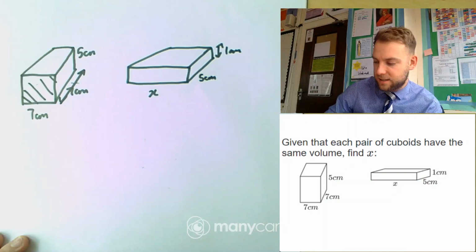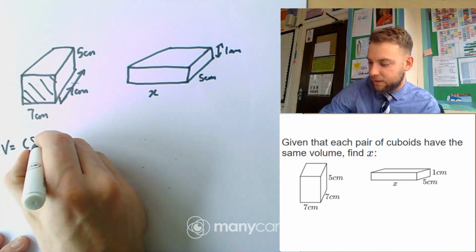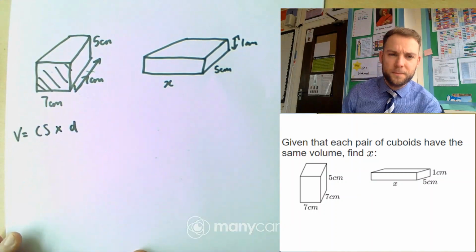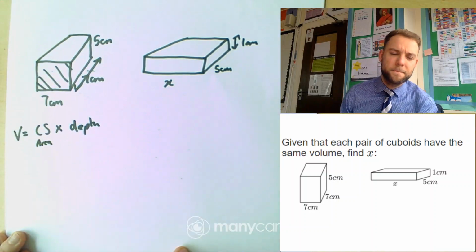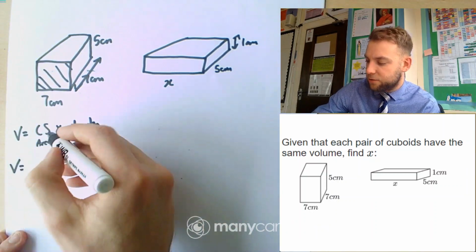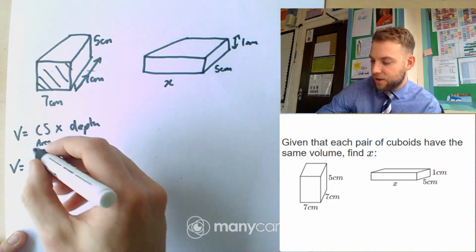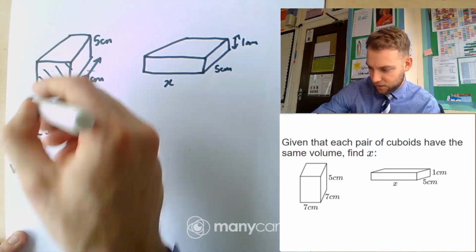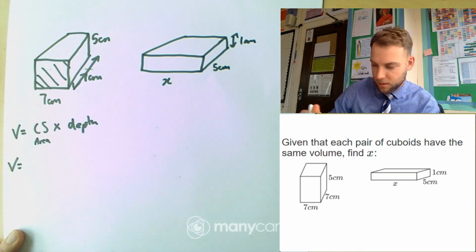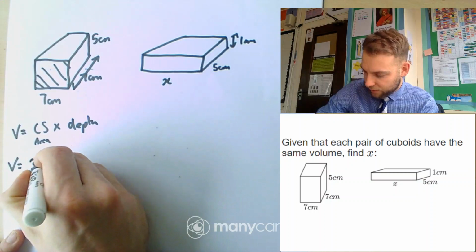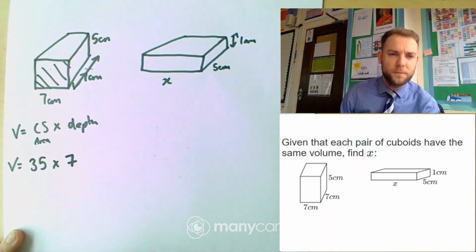So the volume here is equal to cross-sectional area, which is the width 7, the height 5, so it's 7 times by 5, because the area of a rectangle is length times by width. So 7 times by 5, which is 35, times by the depth, which in this case is 7.